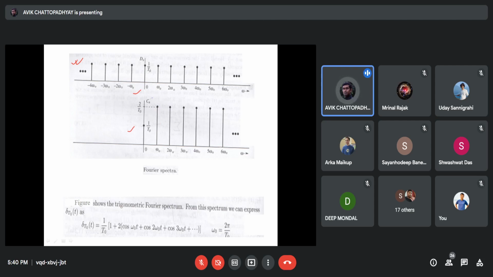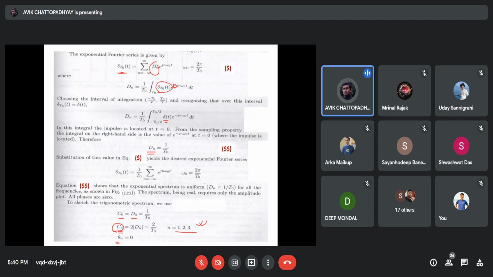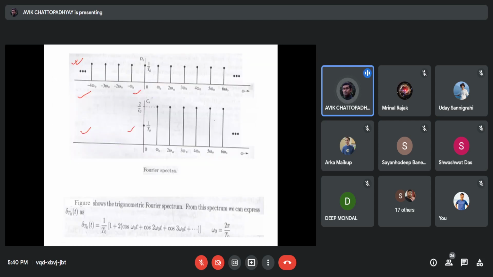Now the interesting part that I'm trying to mention is that whether you are representing in this form or that form doesn't matter. The point is that the dn's are constant. All the coefficients are not going to decay. That is the very difficult point to deal with.